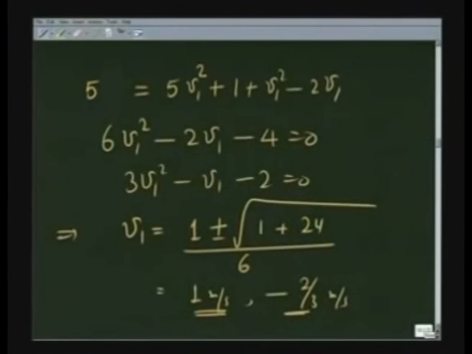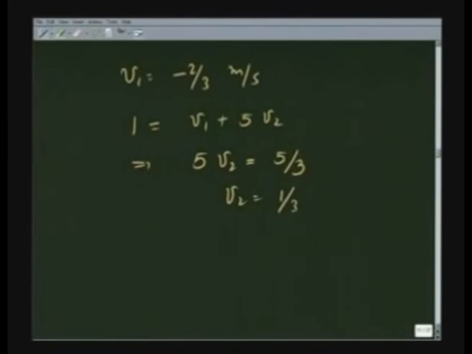So I get v1 is equal to minus 2/3 meters per second, and if you recall, I had 1 equals v1 plus 5 v2, and this gives me 5 v2 is equal to 5/3, or v2 equals 1/3 meters per second.